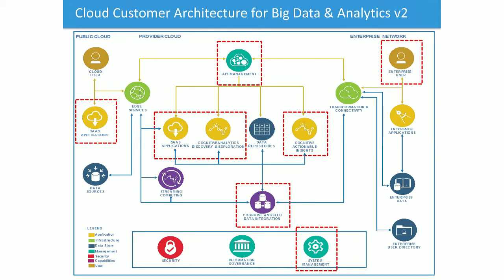Okay, and then you also noticed that we added the cognitive. We kind of sprinkled it in 3 different places. One is the cognitive assisted data integration. The other one is cognitive analytics discovery and exploration. And the third one is analytical actionable insights.